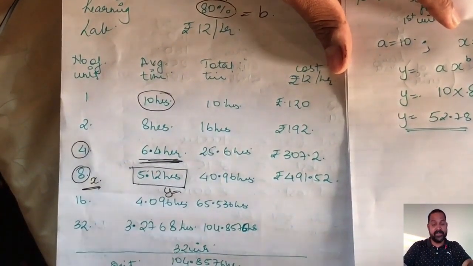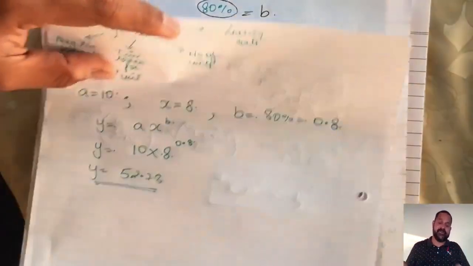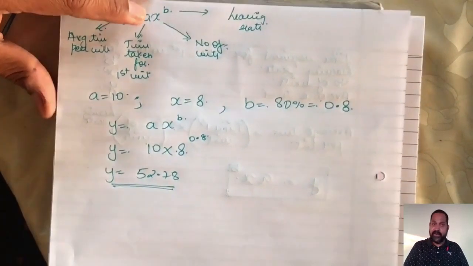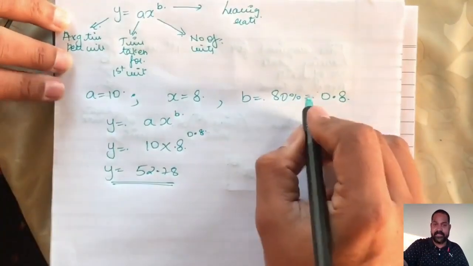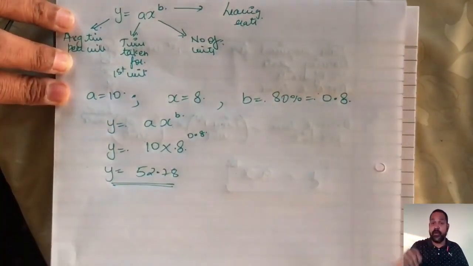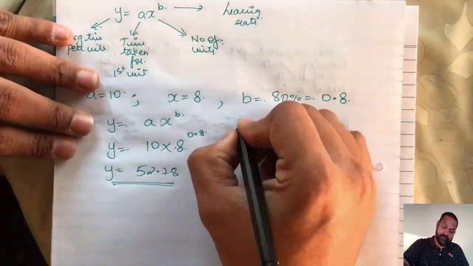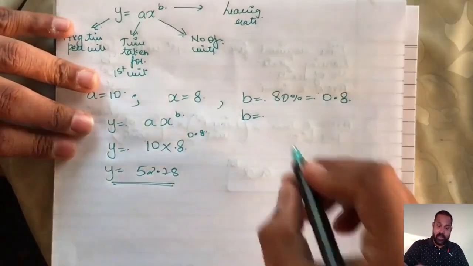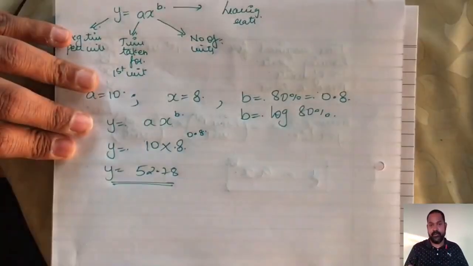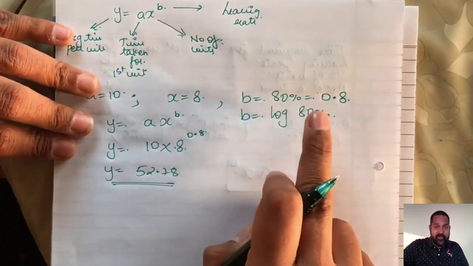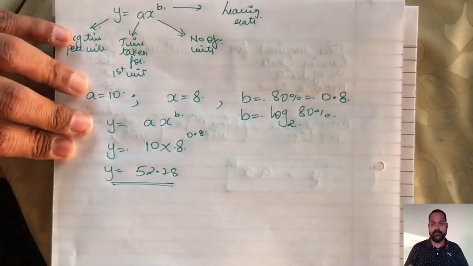Then are we not making a mistake? Yes, we are. And where is the mistake? The mistake is that, number one, when they say learning rate is 80%, B does not become 80%. What does B become? B is the log of that 80%, and that log of 80% is taken to the base 2.